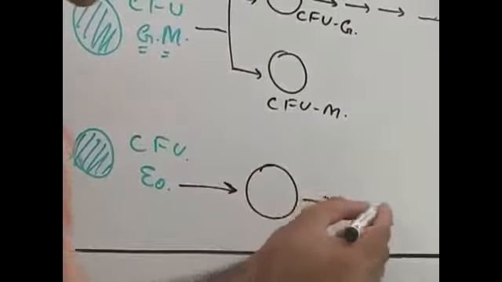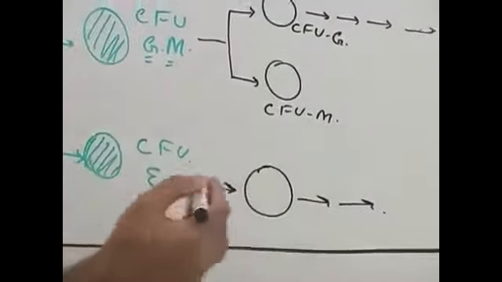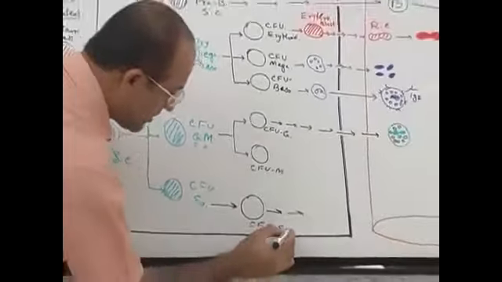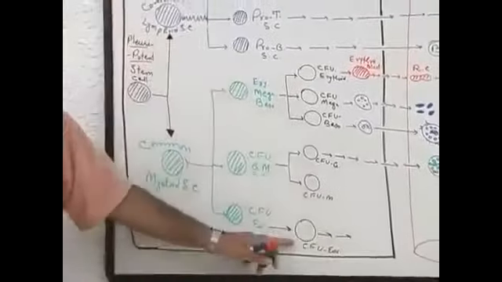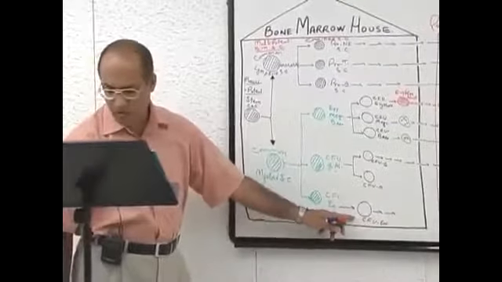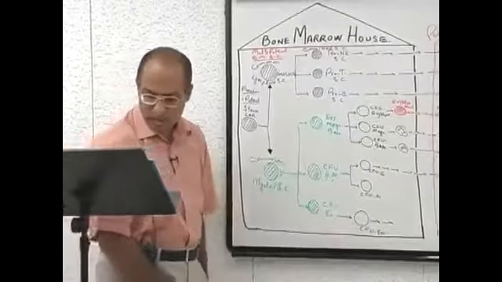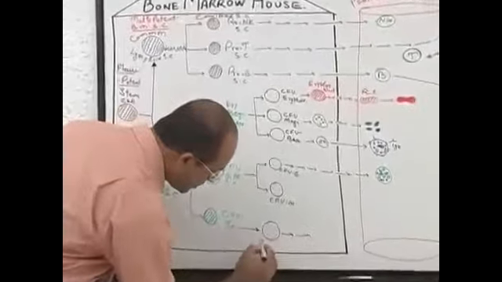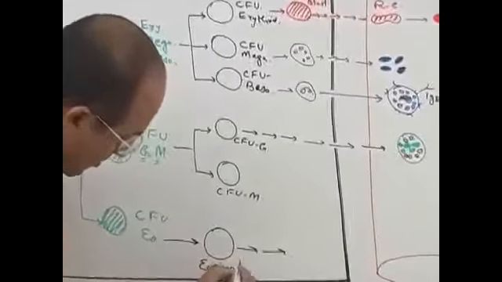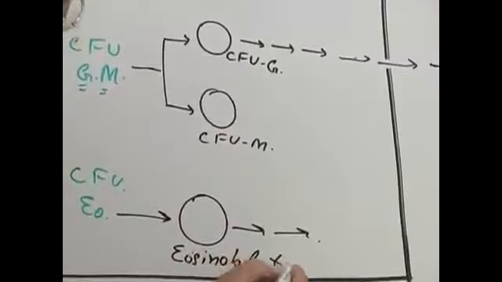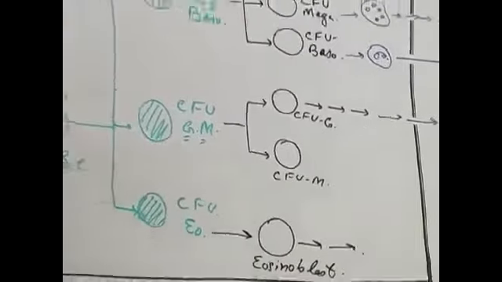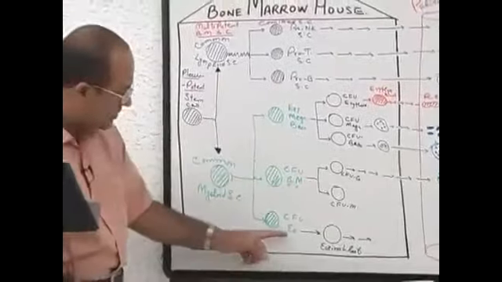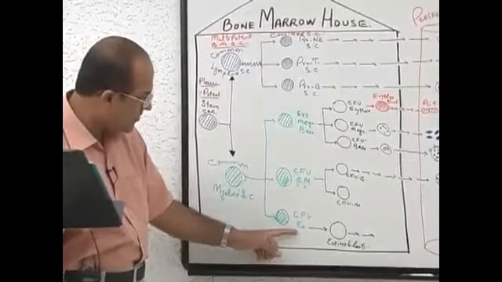Okay, corrected: this is not colony forming unit, this is basically the eosinophiloblast, eosinoblast. So what is happening? This was colony forming unit of eosinophil.